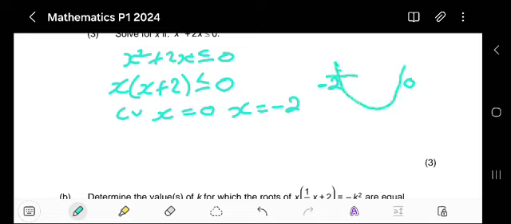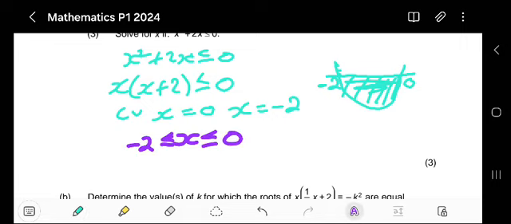It will be negative in the region between these two. So x will be greater than or equal to minus 2, and also less than or equal to 0. This is what we'll have there.